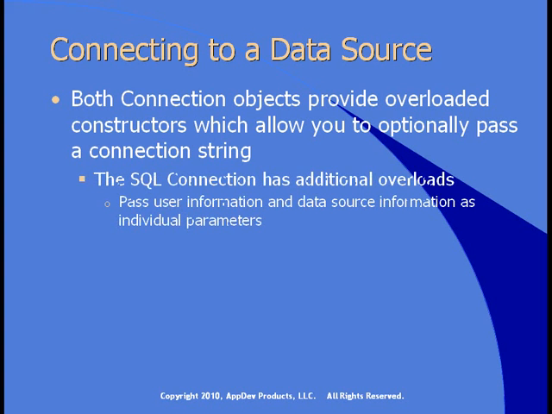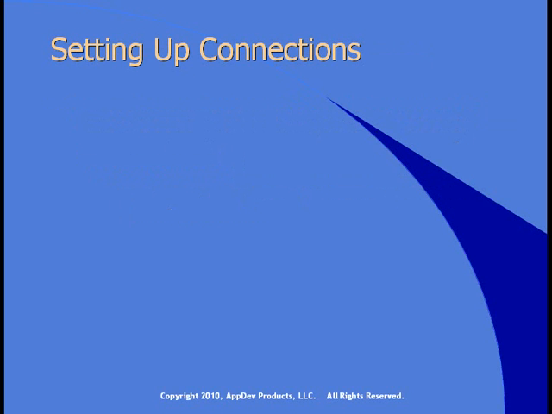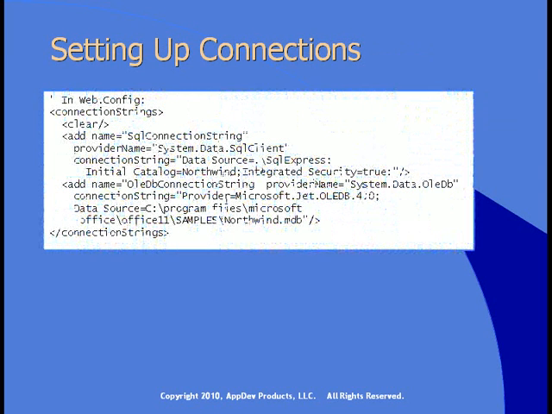The SQL version of that connection object has additional overloads. It allows you, for example, to pass user information and data source information as individual parameters to the constructor, making it easy for you to supply everything you need at the time you create the instance of the connection object. Generally, you store your connection information in a web.config file.